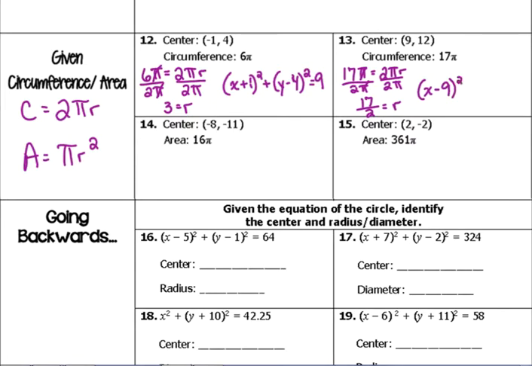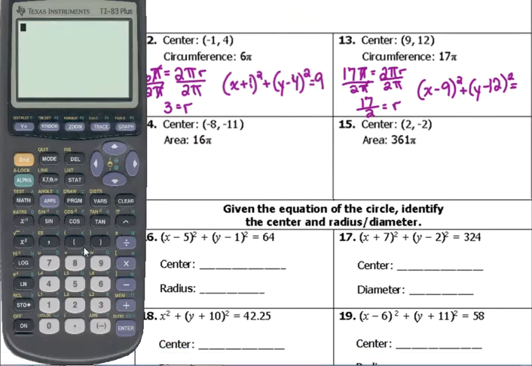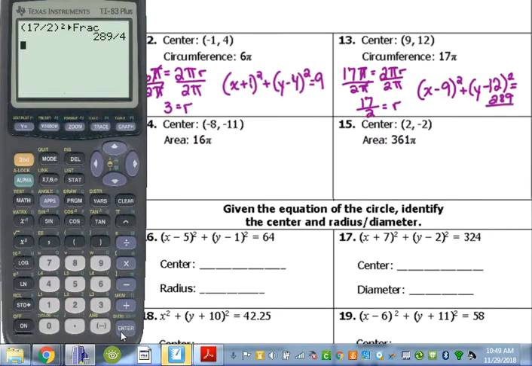So (x - 9) squared plus (y - 12) squared is equal to, when you square a fraction, you square the numerator and you square the denominator. You could also just put it in your calculator, 17 over 2 in parentheses squared. I know it's going to be a fraction, so I might as well just tell it to turn it into a fraction. 289 over 4. That came from 17 squared is 289, 2 squared is 4.